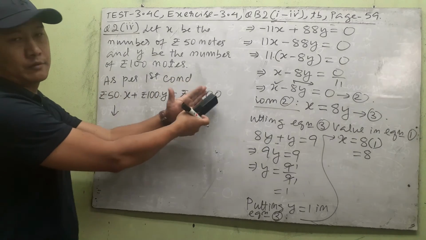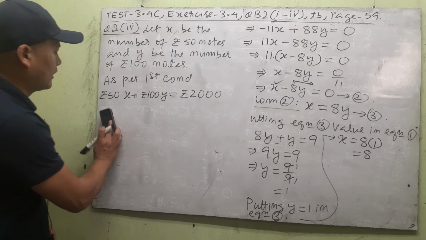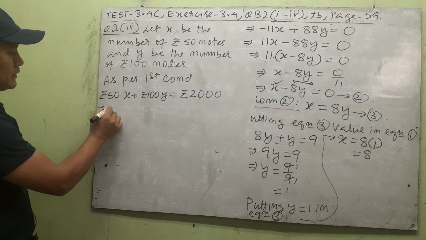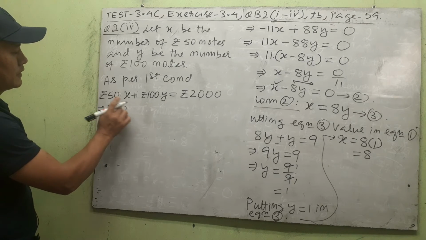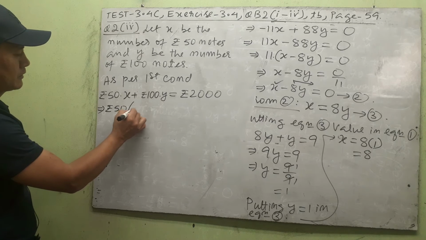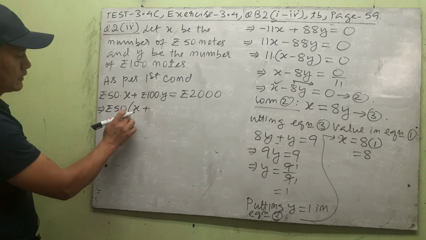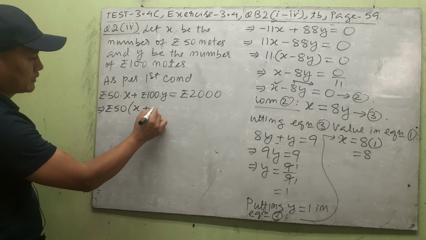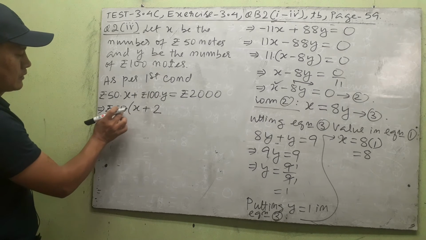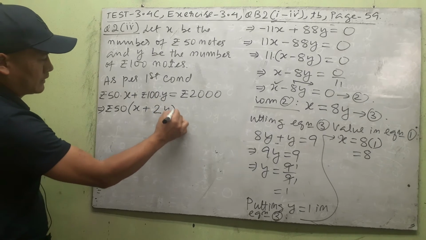Together she got 2000. Now we can take out the 50 common to both: 50 into X, and 50 into 2 is 100, so only Y is left there.